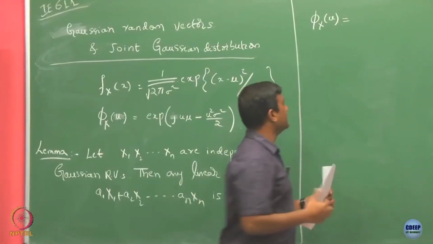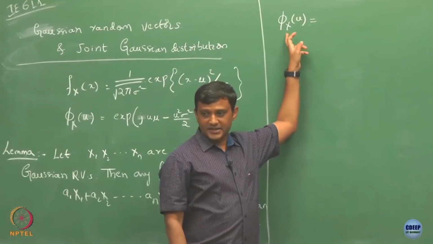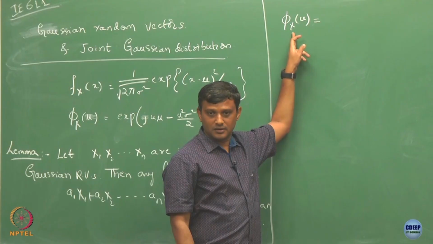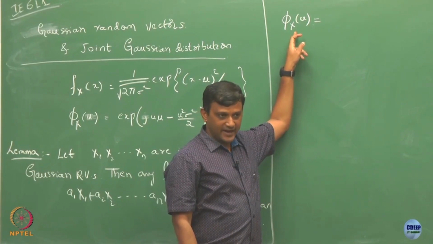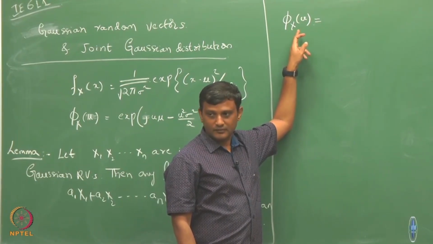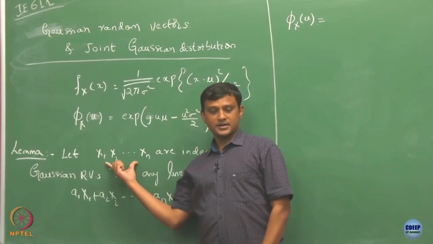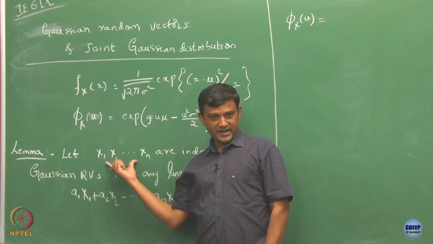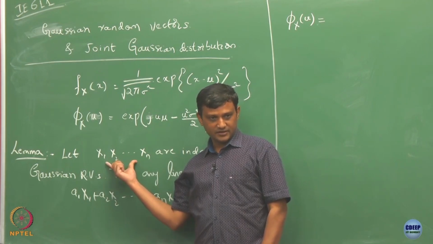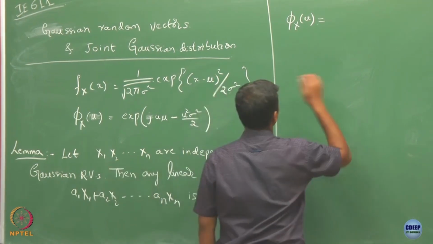So now let's say I want to define the characteristic function of my random variable x. Here x is now the joint collection of these random variables. So x is a vector here now, it is not simply a scalar.